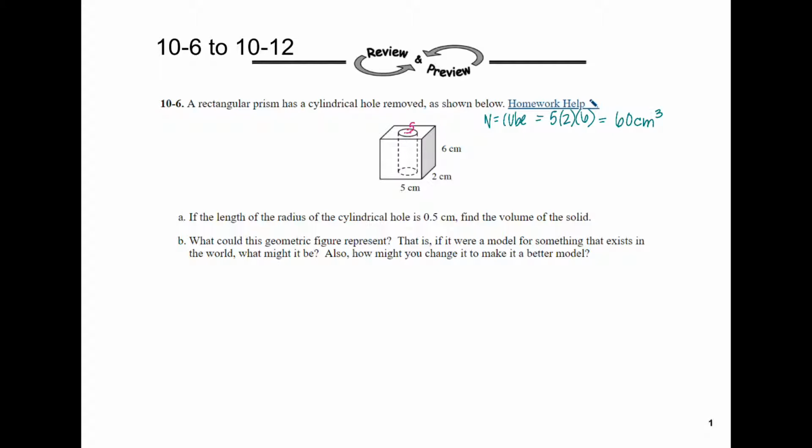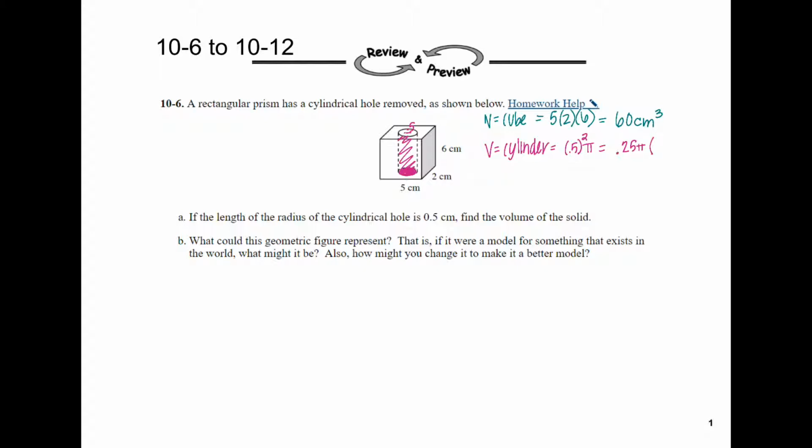To find the volume of the cylinder inside, we're going to find the area of its bases, which we take pi r squared. So if our radius is 0.5 and we square that, multiply that by pi, we get 0.25 pi.